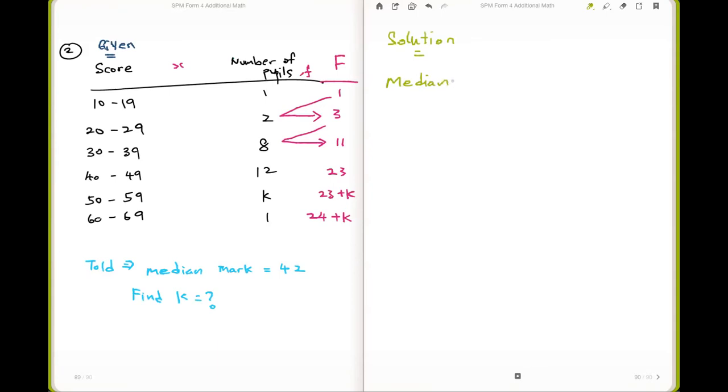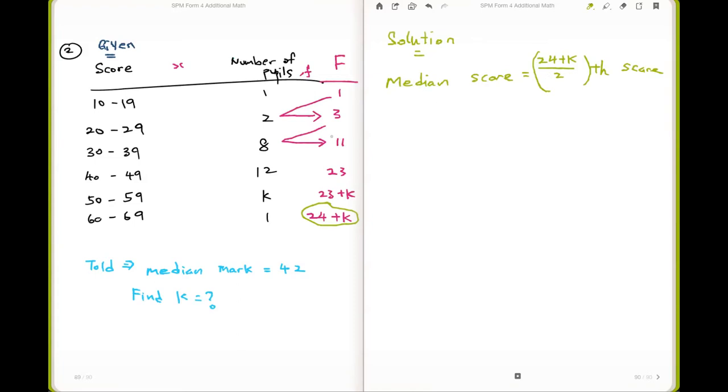The median class for the median score would be, the total number for cumulative frequency is 24 plus k, because you sum everything. It should be 24 plus k over 2. This is the position of the score in this class. So from here, I would say it is somewhere after 12.